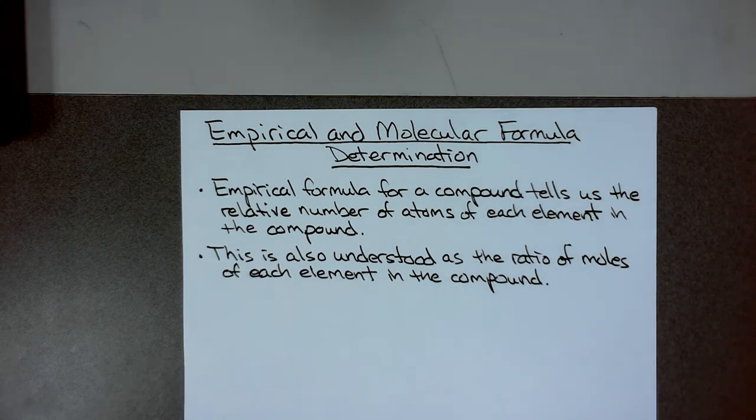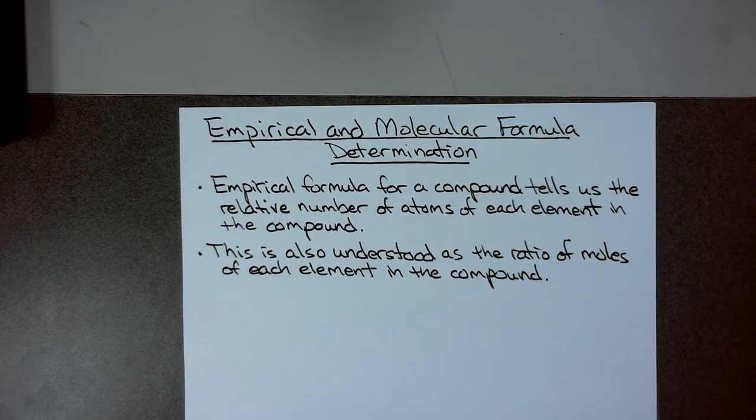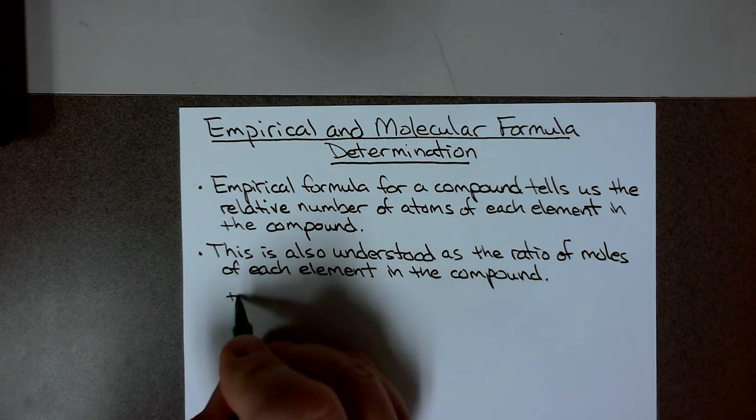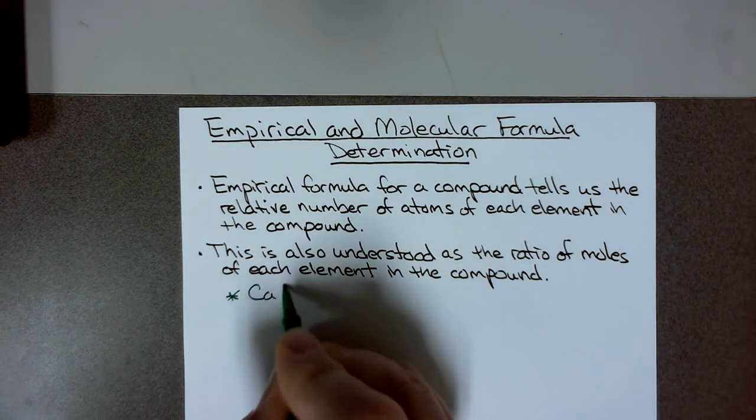Remember from the discussion on moles and mole conversions that if you have a molecule, you can divide that into also moles of each element. For example, let's take calcium chloride.